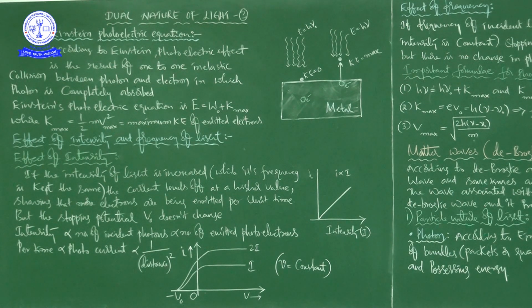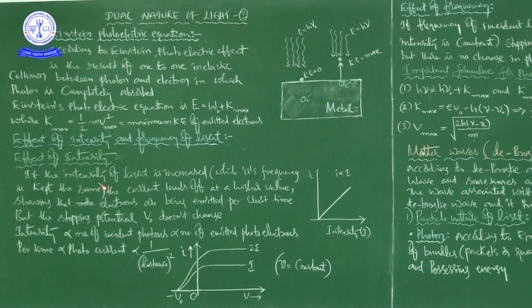So there we can say that the electron is moving with some speed, with some kinetic energy. That is the maximum kinetic energy. You can write this expression: K maximum is equal to half m V maximum square.